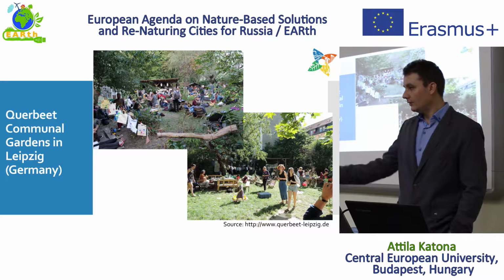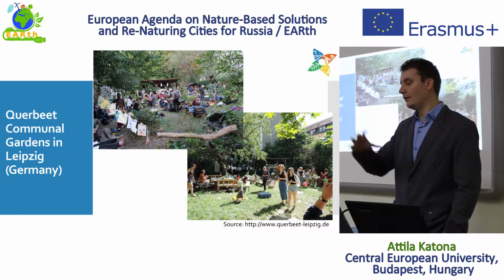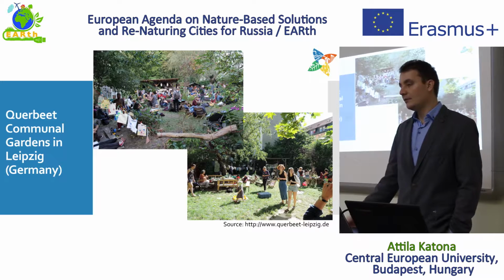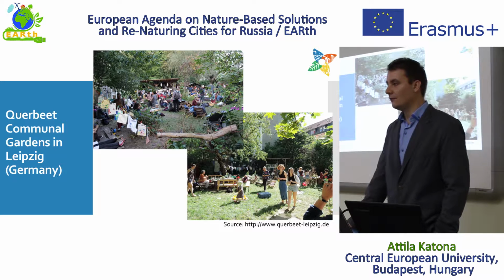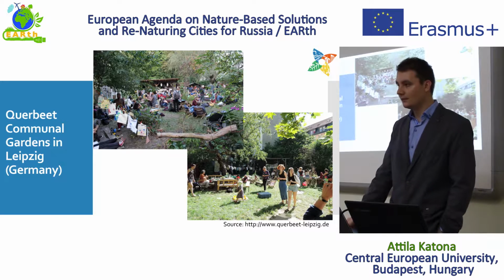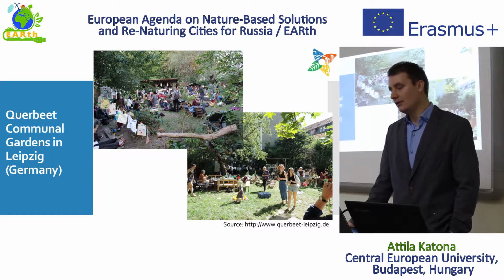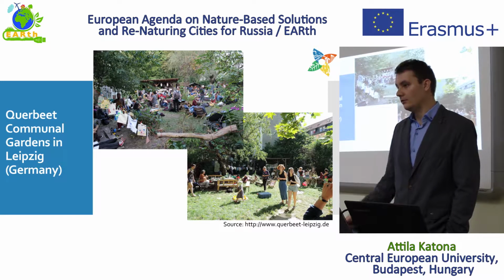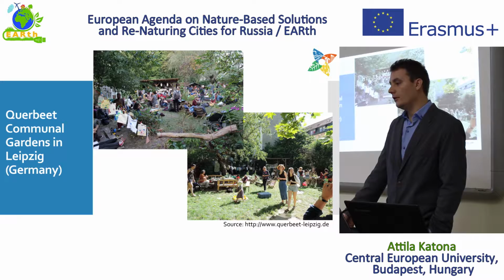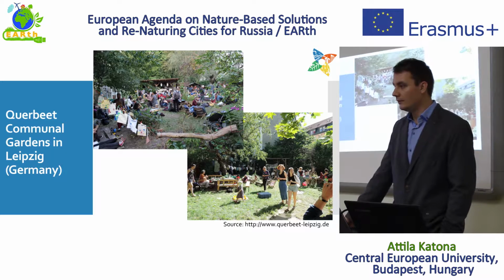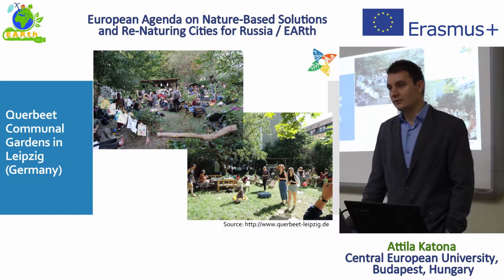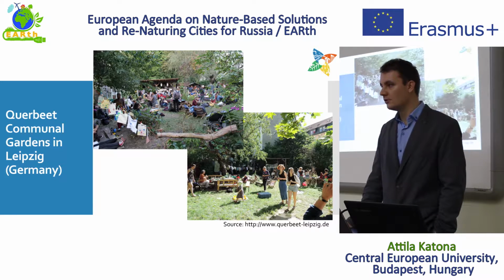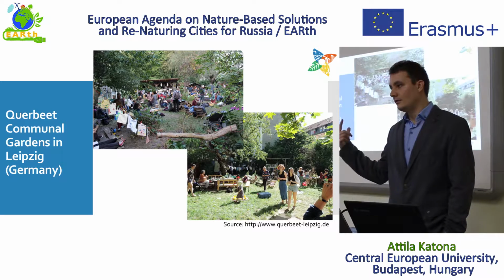So they were allowed to do this by the municipality, but everything was done by the citizens and the local community. And again, Leipzig is quite a disadvantaged city. It used to be an industrial city in East Germany. After the collapse of the Soviet Union and the fall of the Berlin Wall, the city got depopulated. They lost about 200,000 citizens. So they have lots of economic and social challenges, with drug use and substance use.